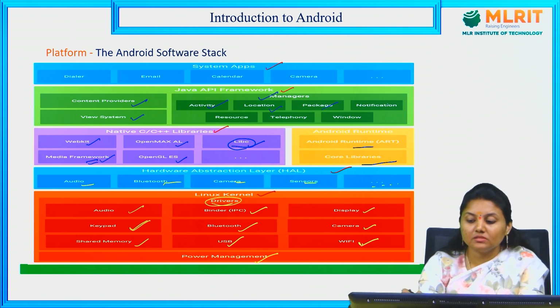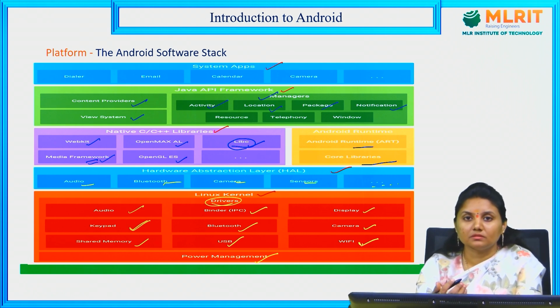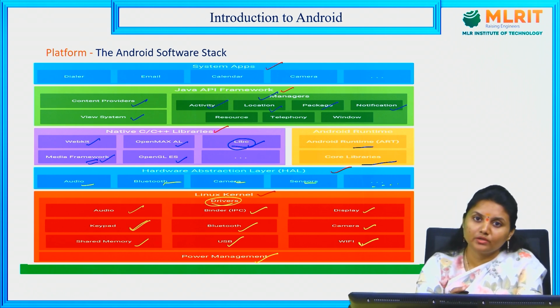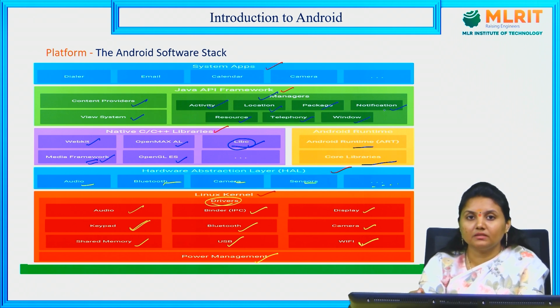Similarly, packages, notification for getting all the different incoming messages or whatever your mobile is receiving, that is notification. Resource, telephony, window, so all these are different areas where the Android API framework is there for accessing them.